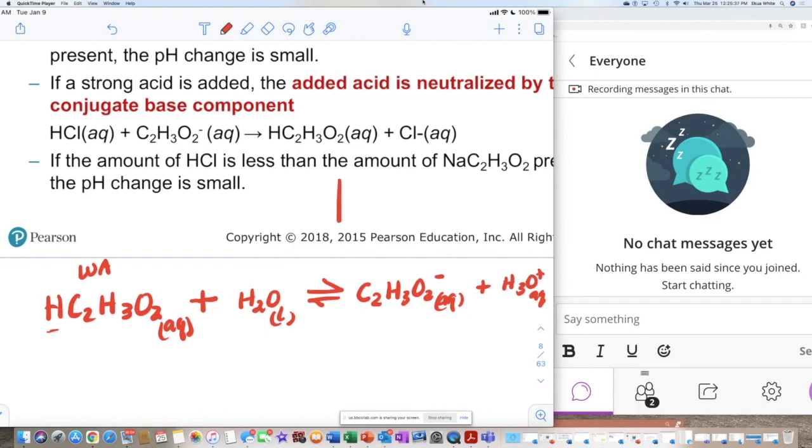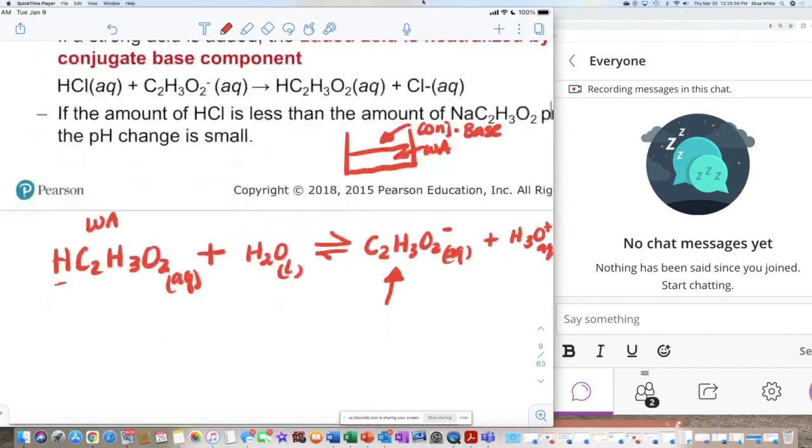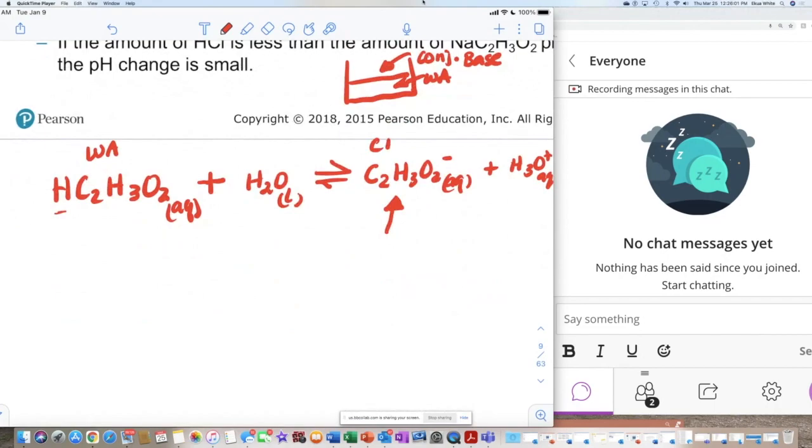So we started off right here with the weak acid being in the container. And then we added the conjugate base. So the conjugate base actually adds to this part right here, right? It adds to this part right here. And we'll see how that plays out. This is a conjugate base. It adds to this part right here.